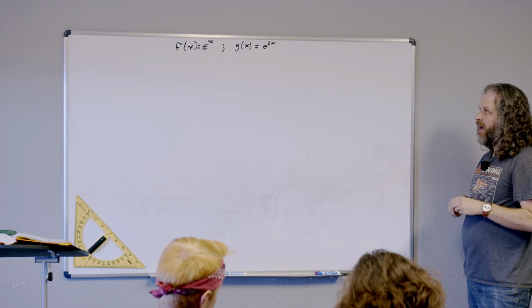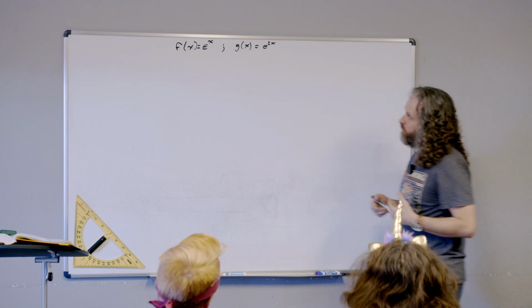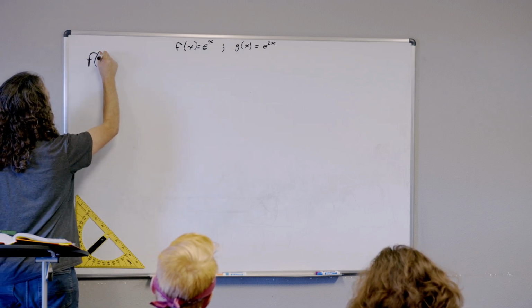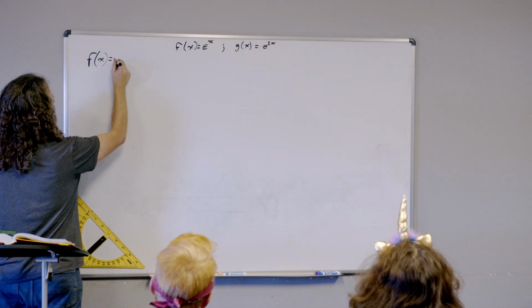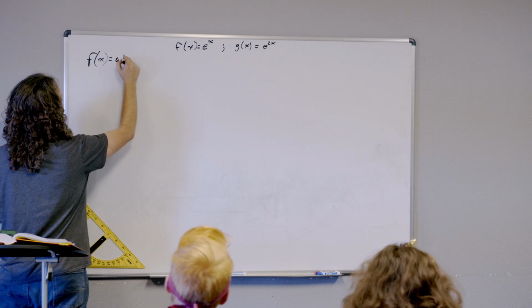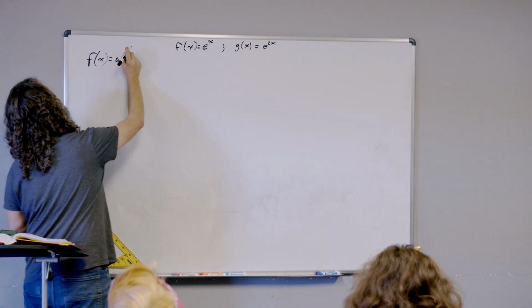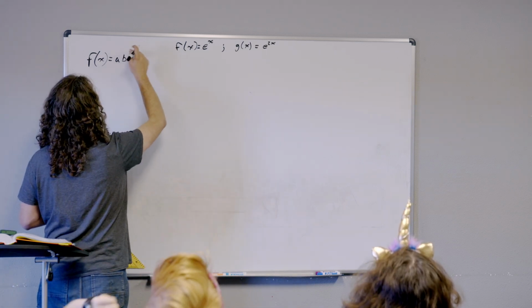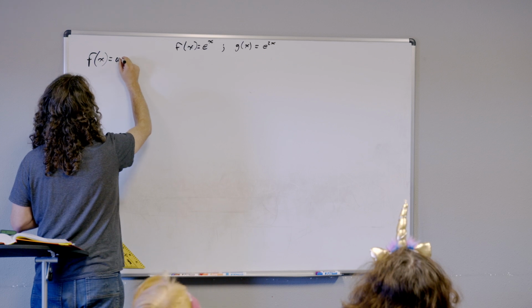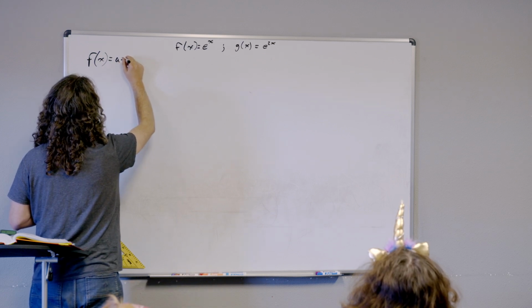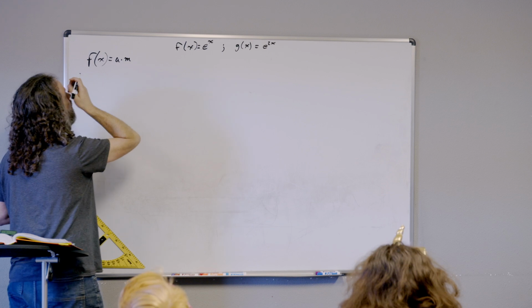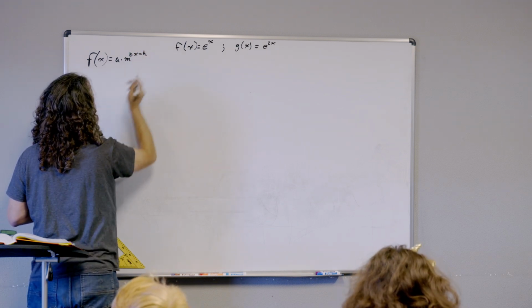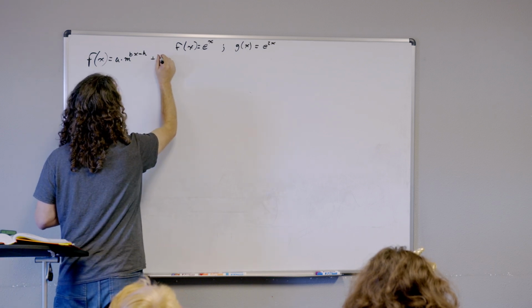So we'll put it in a generic one. The transformation form looks like this: a times m to the (bx minus h) plus k.